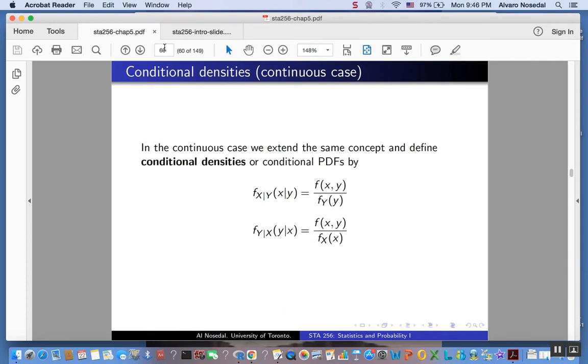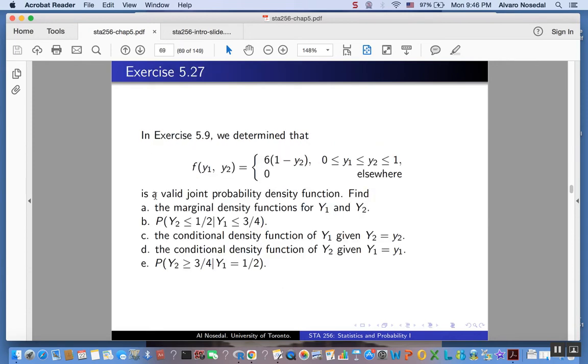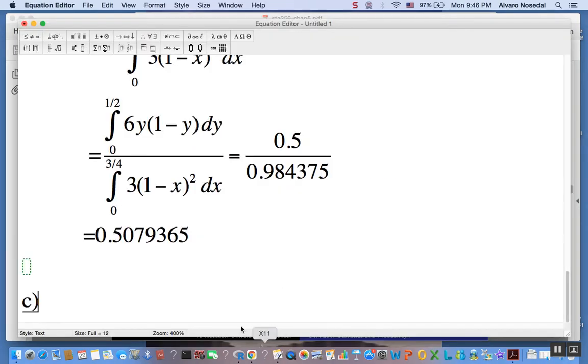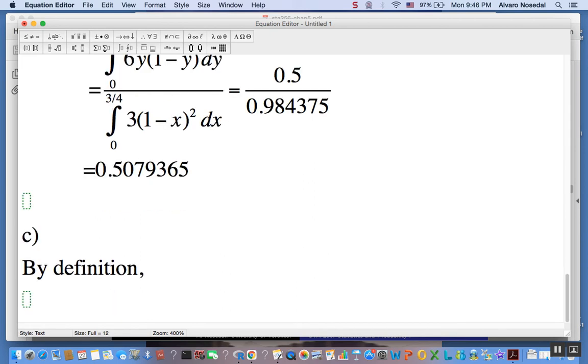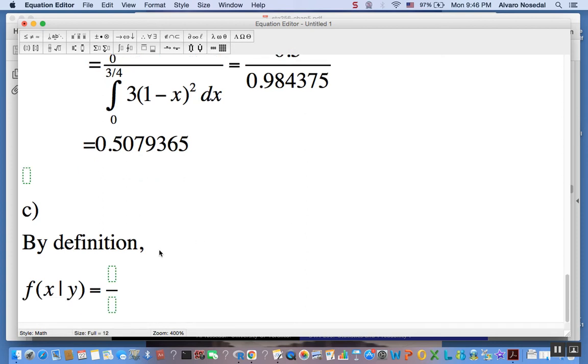So we want that conditional probability. Let's find it. So that conditional density, sorry. By definition, what we want here is, let me do first the conditional of x given y. By definition we know it's just the joint divided by the right marginal.